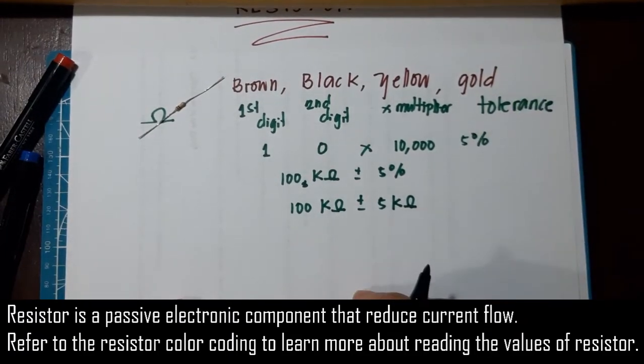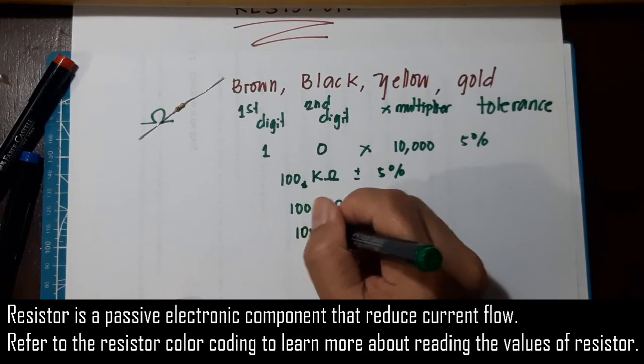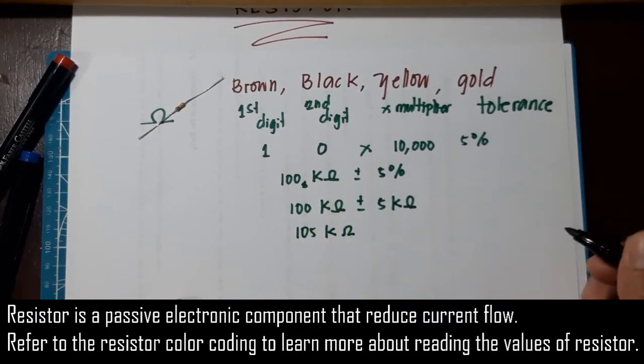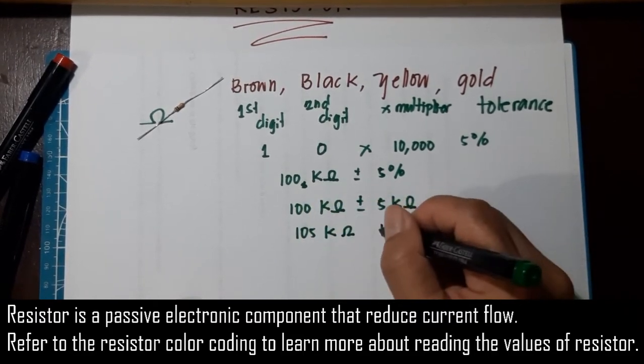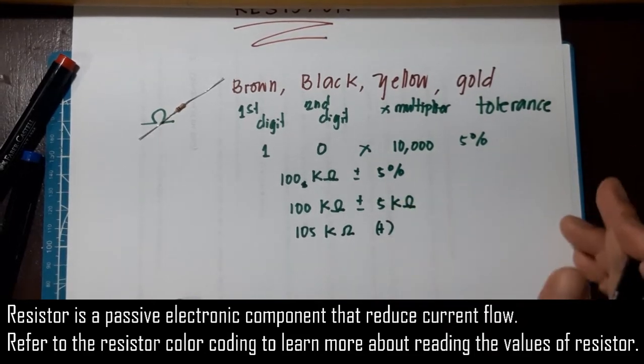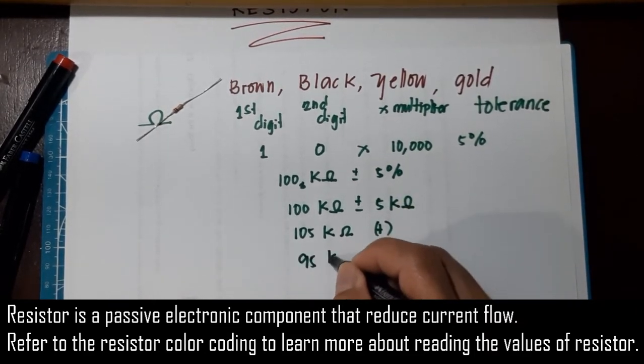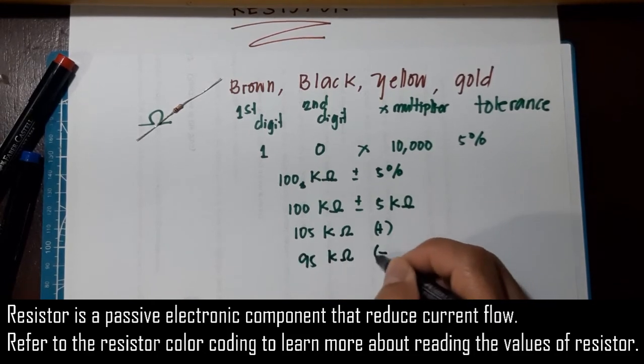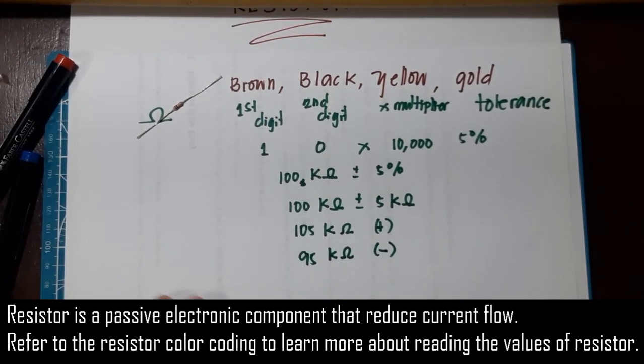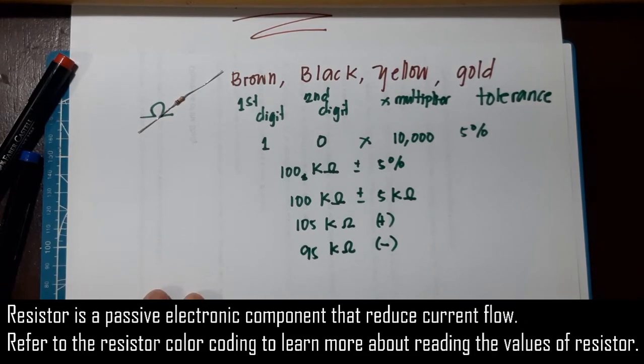So the value can be in the range of 105 kilo ohms for the upper value, and then you also have 95 kilo ohms for the negative tolerance. Okay, so what does it mean?